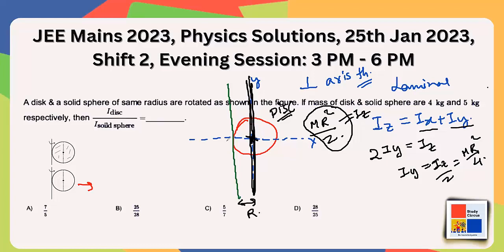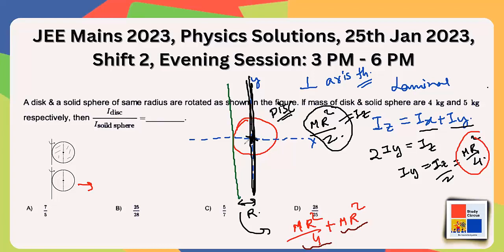About this green axis, the moment of inertia is mr square by 4, which was about the center of mass, plus mr square, where r is the distance between the two axes.